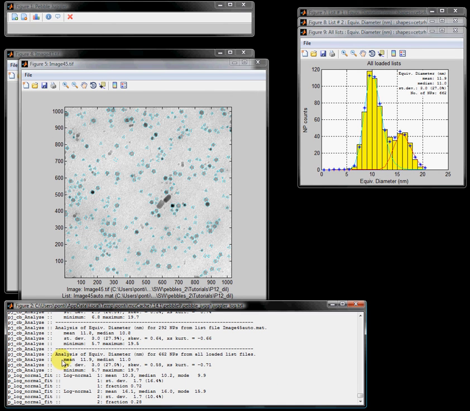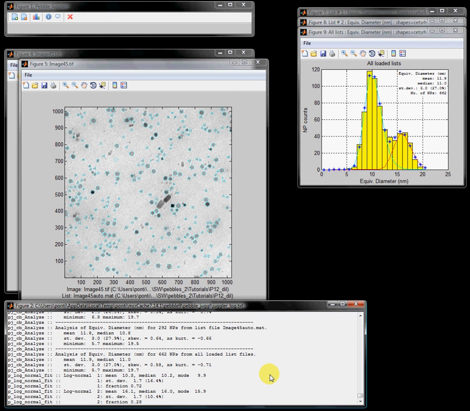Again, these are the parameters of the global distribution of 662 nanoparticles with a median of 11 and a standard deviation of 3, which is high, 27% dispersion, and in a way these are numbers with a real significance because they refer to the nanoparticles.